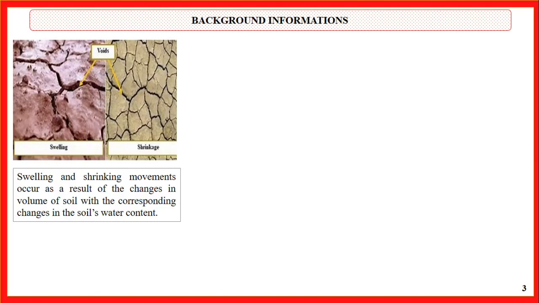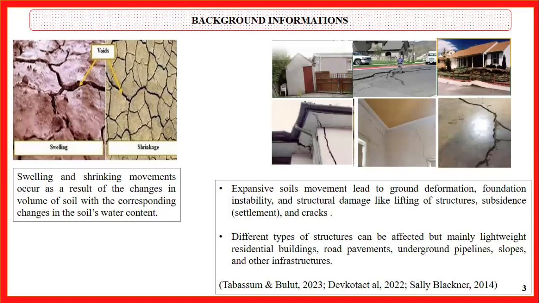Swelling and shrinking movements occur as a result of changes in volume of soil with the corresponding changes in the soil's water content. These movements of expansive soils lead to ground deformation, foundation instability, and structural damage like lifting of structures, settlements, and cracks.